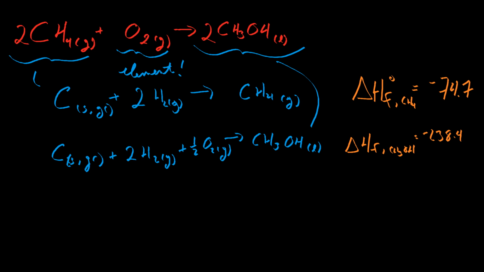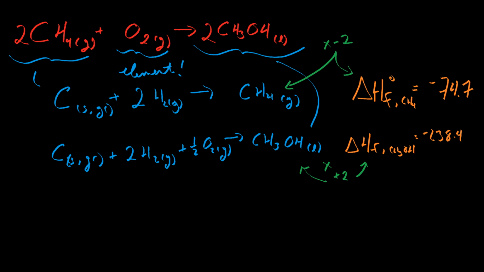Now, before we get to the shortcut that makes enthalpy of formation such a handy device, we're going to go ahead and treat these like the old-fashioned Hess's law problems that we're used to. You look at methane, we want 2 methane on the left in the reactants. We have 1 methane in the product, so we multiply that by -2. We have 1 methanol in the products. We want 2 in the products, so we multiply that reaction by +2.